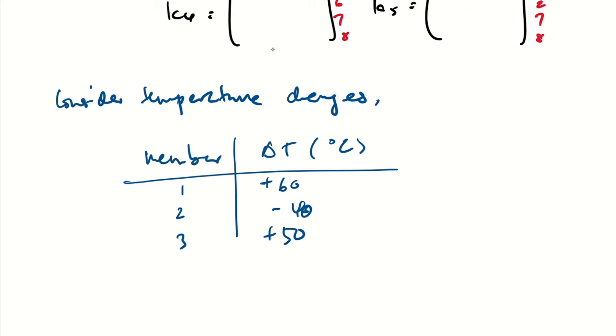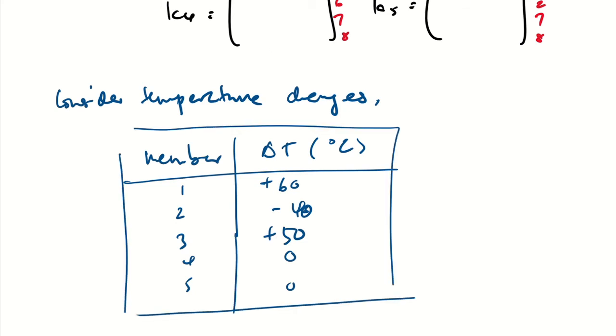Member 4, 500. Normally the effect of temperature is not like this. This is just to show you if we have more than one member getting the effect of temperature.